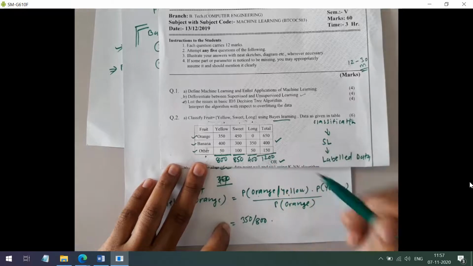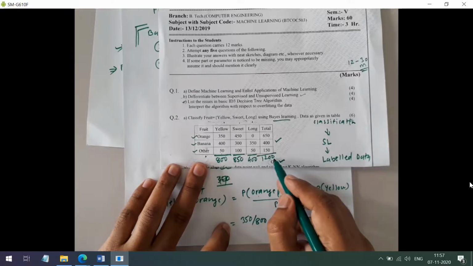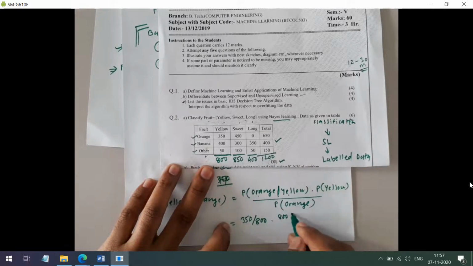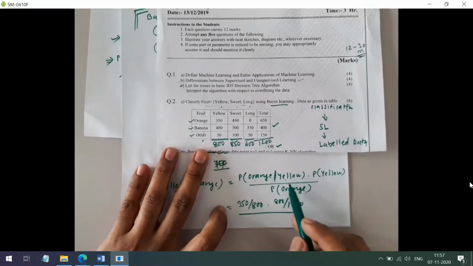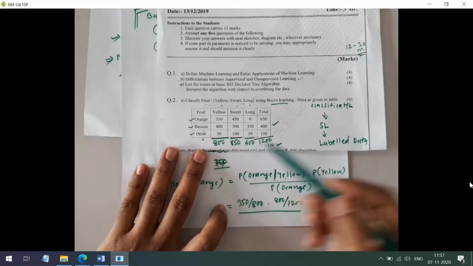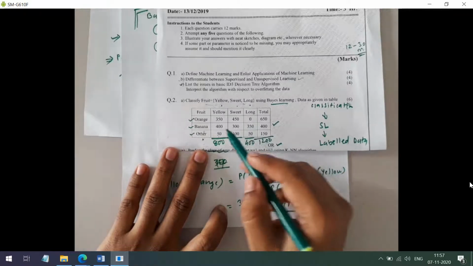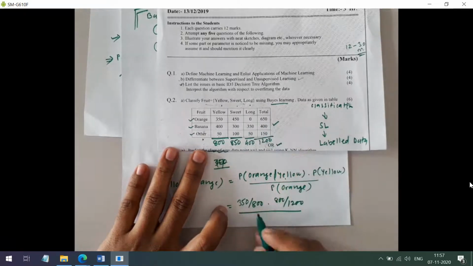Out of 1200, how many yellow fruits are there? That is 800, so 800 divided by 1200. Then what is the probability of orange? How many fruits are there? 1200. Out of that, how many oranges are there? 650. So 650 divided by 1200.